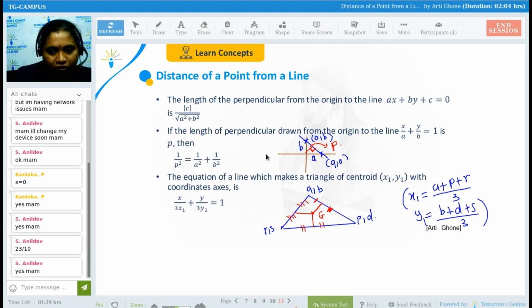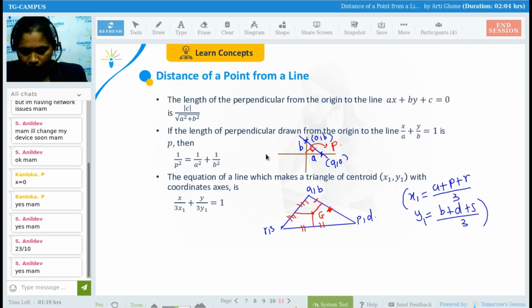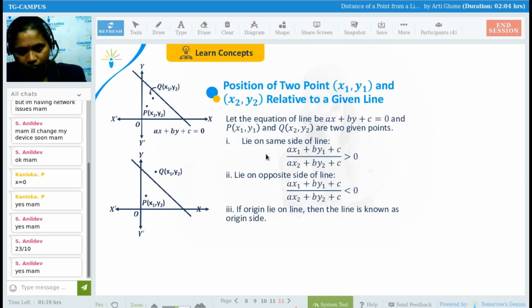Clear? After finding the coordinates of the centroid, you can find the equation of the line. Okay? These are completely optional formulas for you. Up to this, the theory is cleared. Okay? Next part.